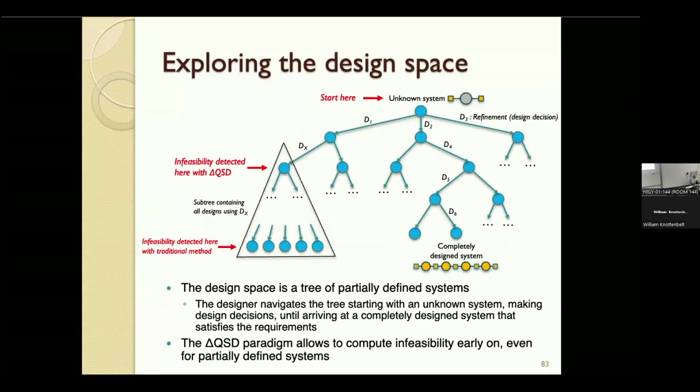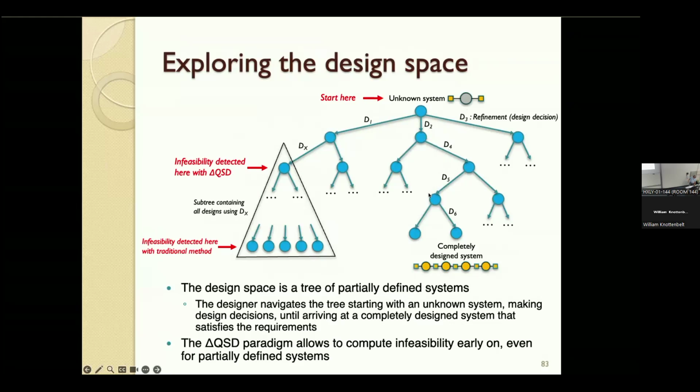In general, it looks like this. This tree with the blue nodes is how you explore the design space. The root of this tree is a totally unknown system, and each step down to a subtree is a design decision. Here, for example, I'm saying I'm using a particular database, Cassandra, or I'm using Amazon Web Services, or whatever.